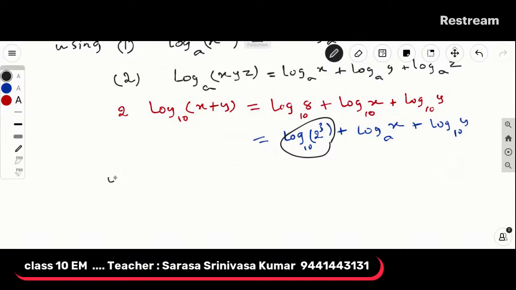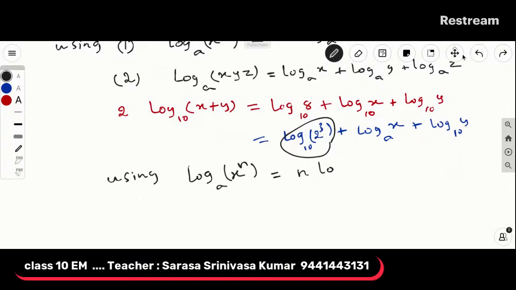So using log x to the power of n to the base a equal to n log x to the base a, on log 2 to the power of 3 base 10, we can write it as 3 log 2 base 10.